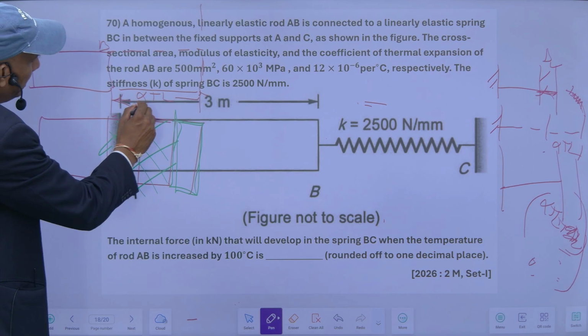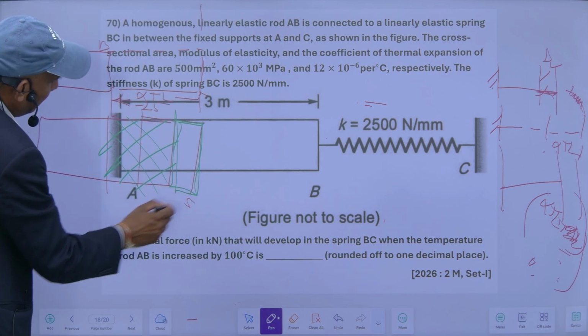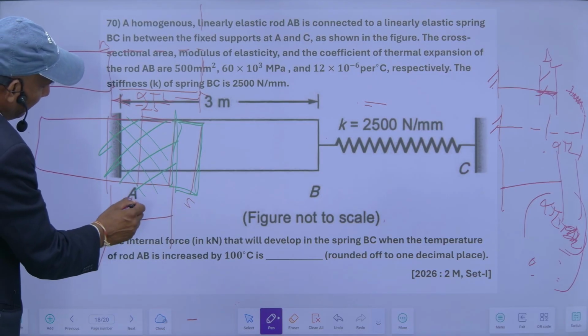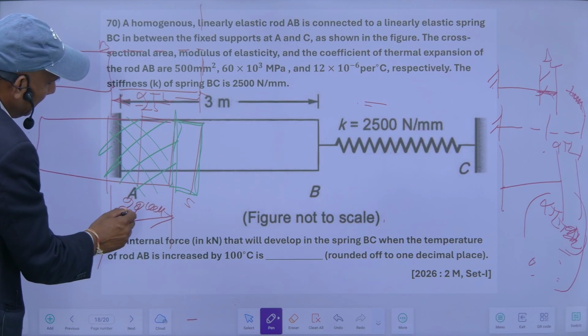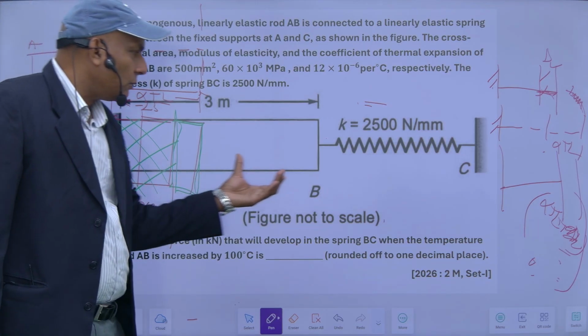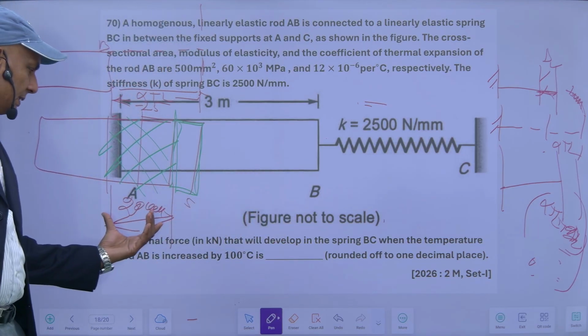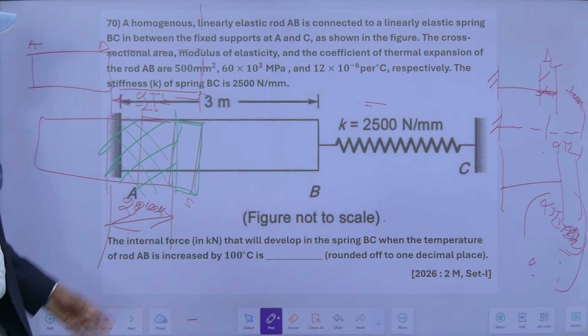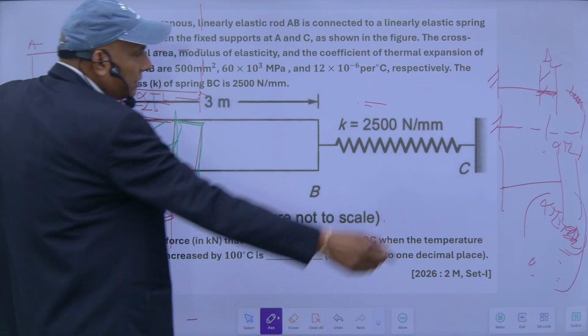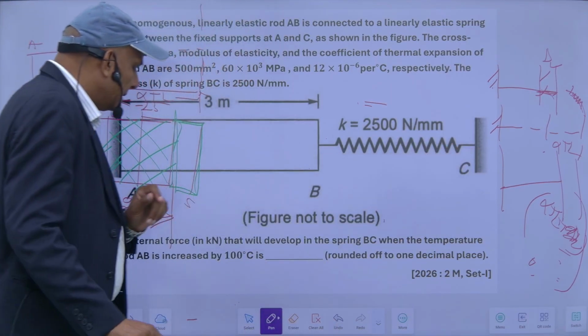So this is 25 minus 5, this 20 mm will be the length that will be utilized for creating the thermal force. So for this much length, my thermal force will be generated in this bar, so that my final deflection is 0, since both the ends are fixed.